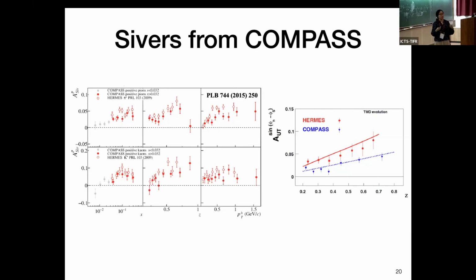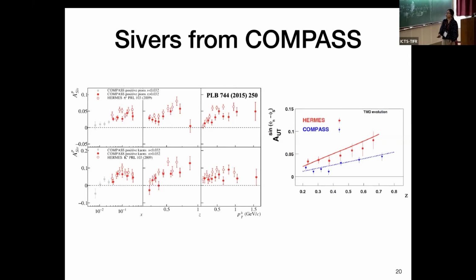If there is a TMD evolution effect, and you have quite different Q-squared kinematics between two results, and they differ a lot, then that may indicate that there is a TMD evolution effect. So that is something to look at when you compare data at different Q-squared.